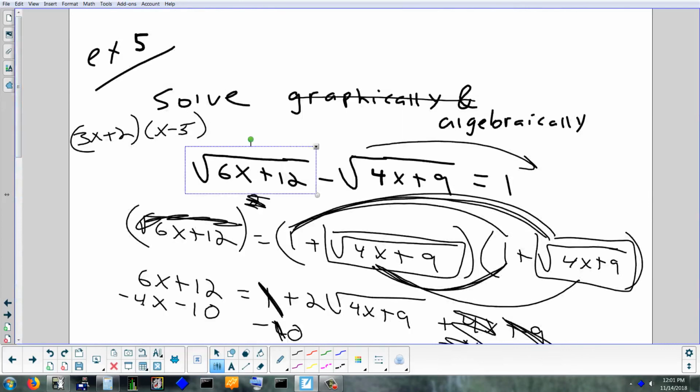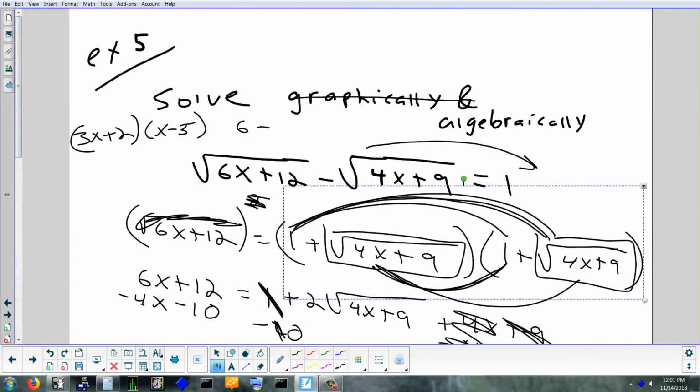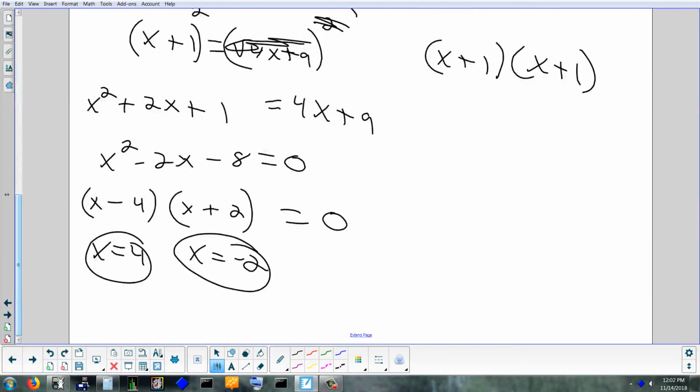And the square root of 36? 6. Minus 4 times 4? 16 plus 9. And the square root of 25? Does 6 minus 5 give you 1? Yeah, that one works perfect.